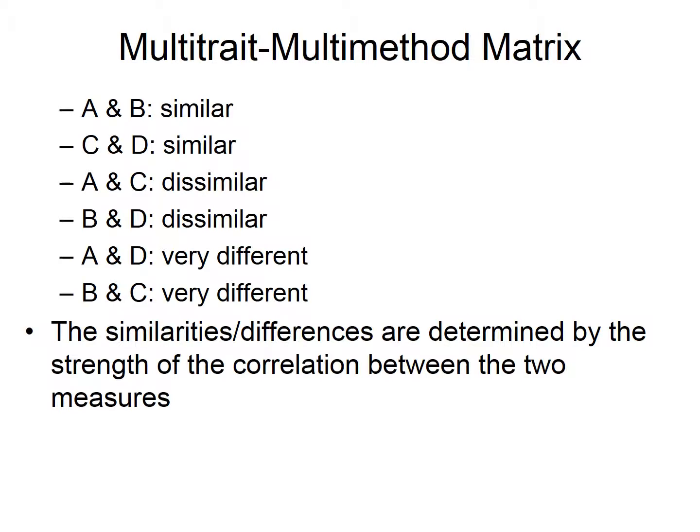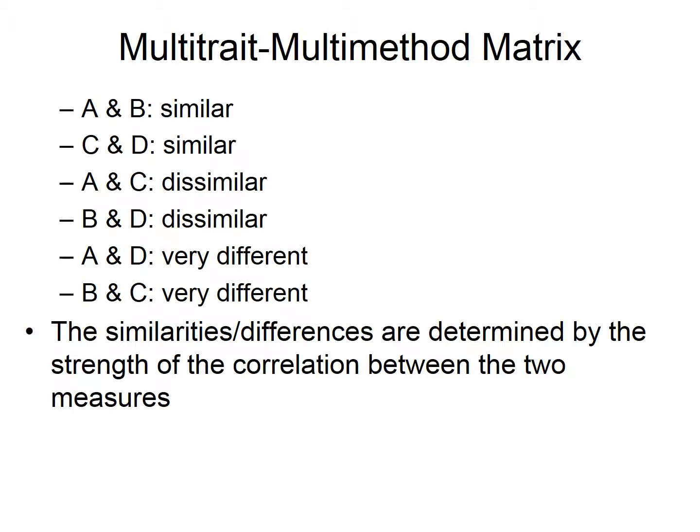B and D should also be dissimilar, but there should be some relationship, because these are the clinical ratings, and that rater probably has some similarity in how they rate things. But again, B is the clinical rating of depression, D is the clinical rating of anxiety. Now, A and D: different constructs and different methods. So a self-report on depression and a clinical rating of anxiety should be very different, with very little relationship.